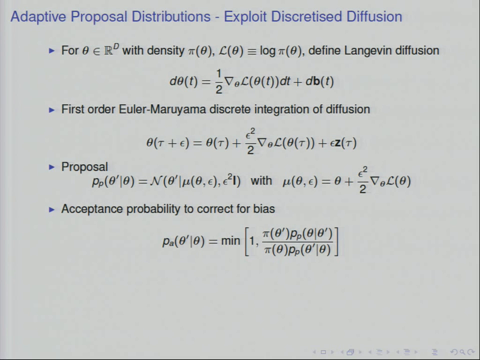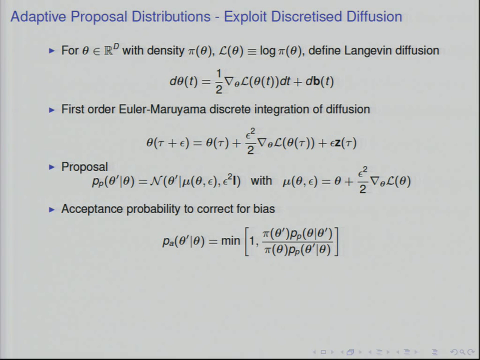But what's really cool about the proposal mechanism here is that it's adaptive, right? If you think about the Metropolis-Hastings algorithm, it's a random walk. It's completely random. It's indirectly driven by the density of the target distribution, but the proposal mechanism is completely random.